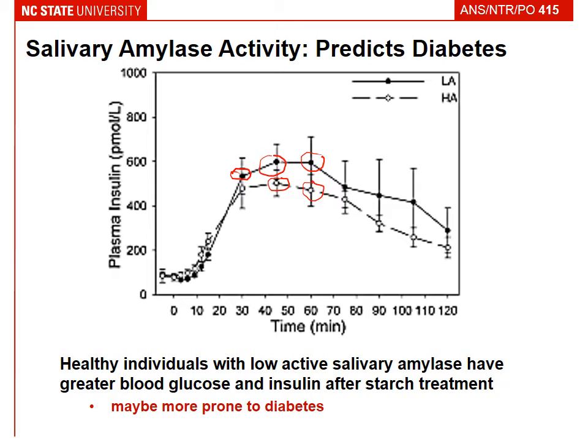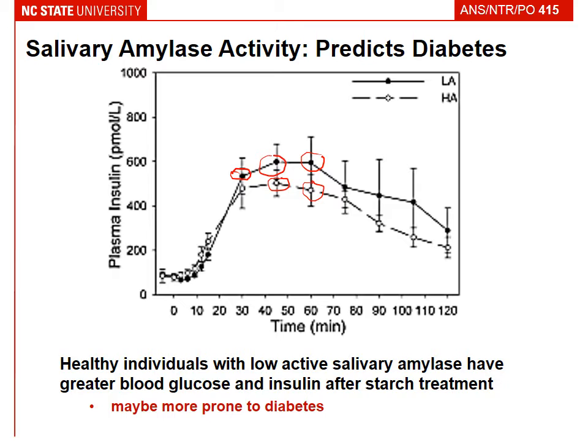Here I'm just showing you the graph of the plasma insulin. So one of the interesting things was with these groups, you could see based off of the diagram here, that those that had low activity, which is these dark circles here, after about 30 minutes, they had much greater insulin levels in their plasma.